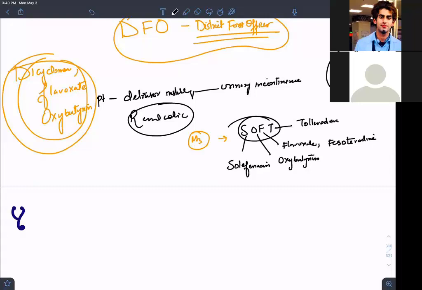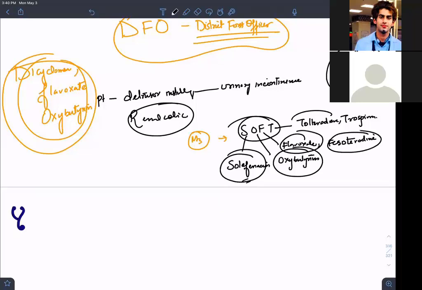Or I told you about trospium. Trospium, guys. Is it clear? So solifenacin, darifenacin, oxybutynin, flavoxate, fesoterodine, tolterodine, trospium.